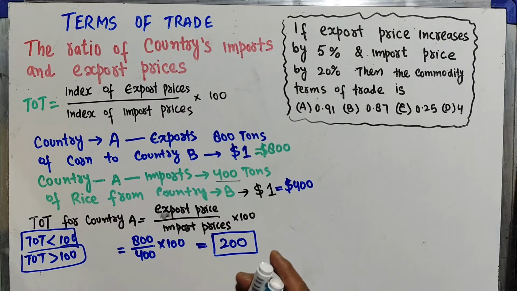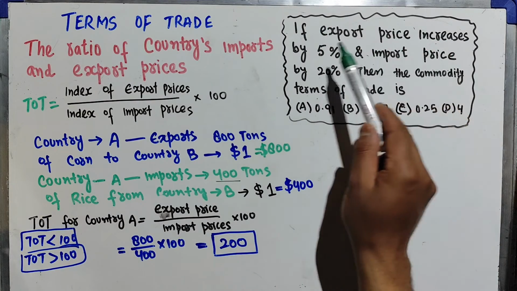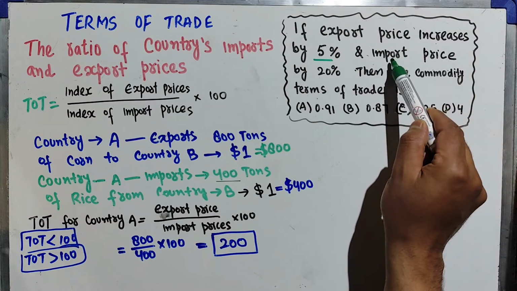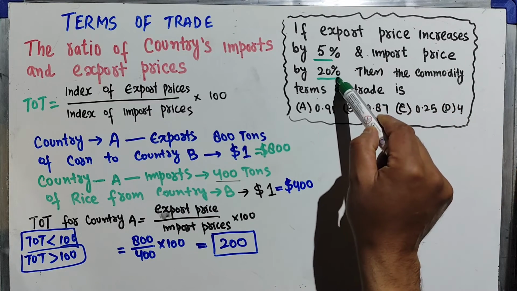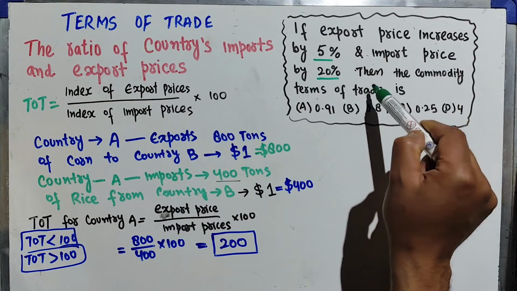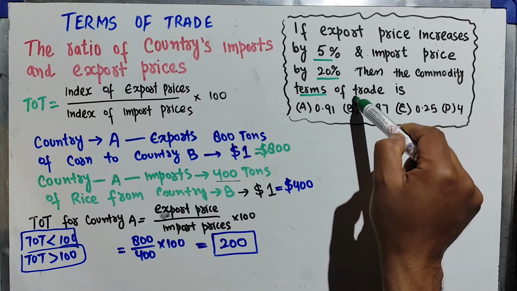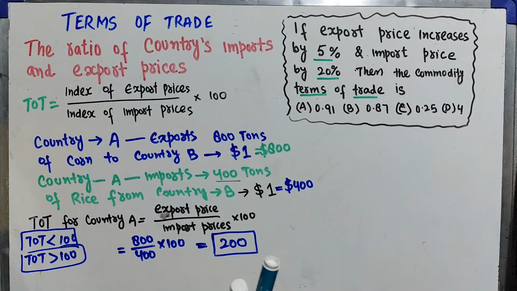Now coming to the question, what we are being told. If export prices increase by 5% and import prices increase by 20%, then what are the commodity terms of trade? We also call commodity terms of trade the net barter terms of trade.